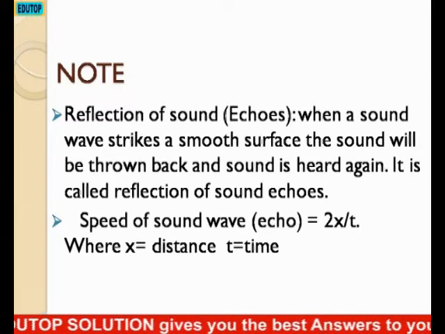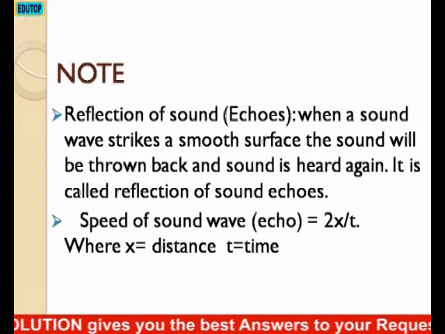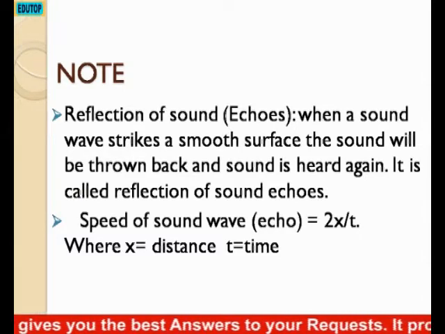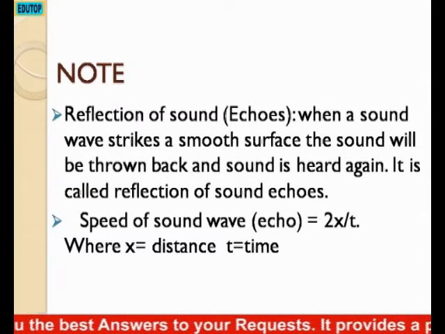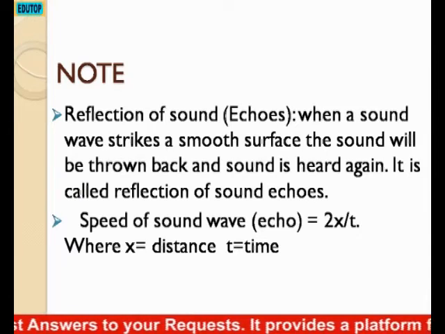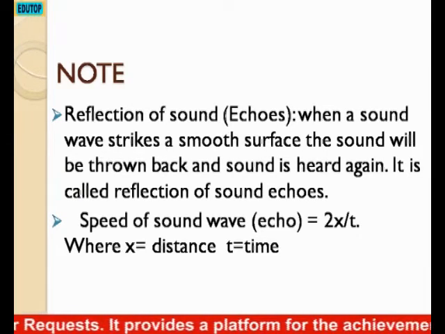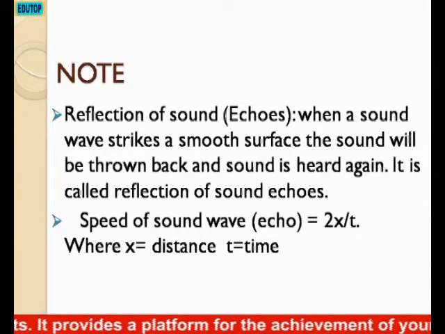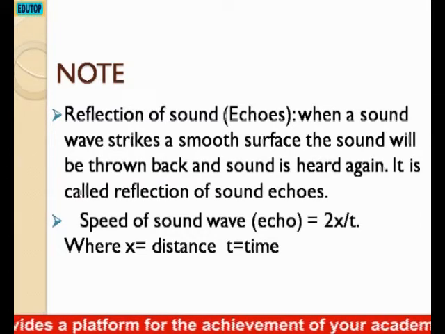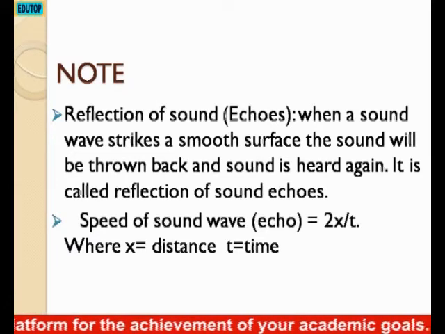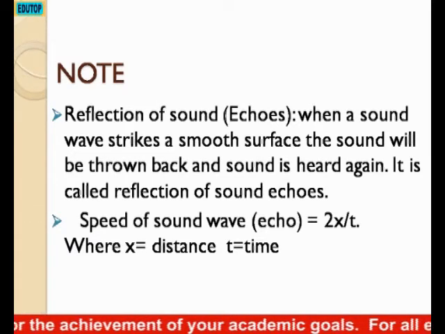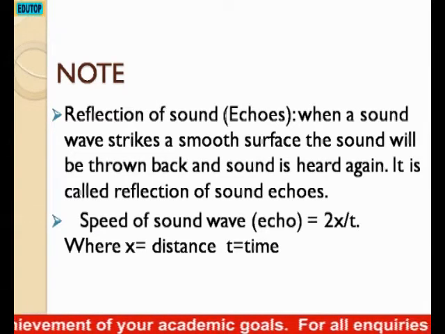It is called reflection of sound wave, and that will result in what we call echo. When a sound wave strikes a smooth surface, the sound is thrown back and heard again. It is called the reflection of sound, also known as echo.